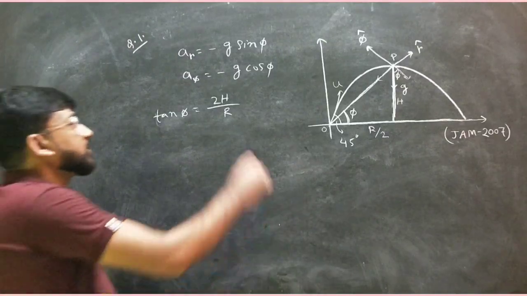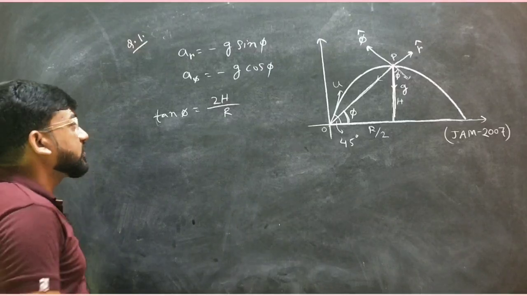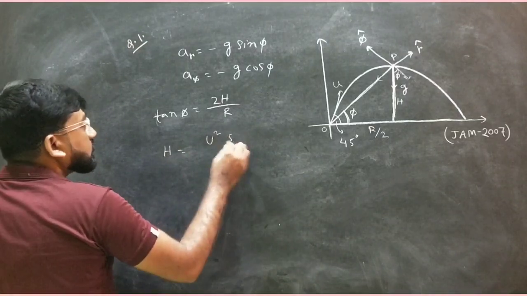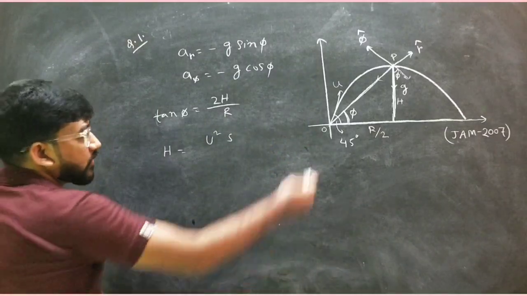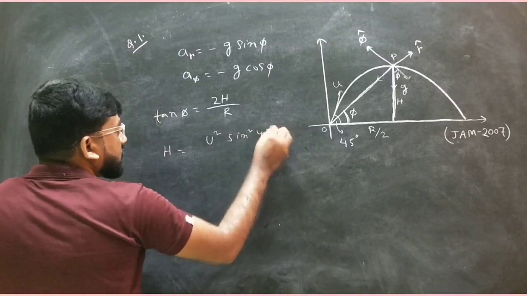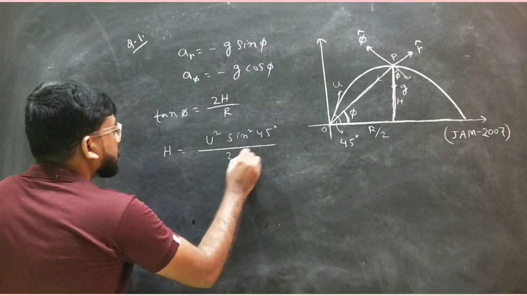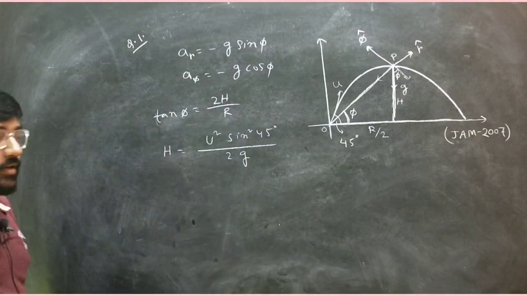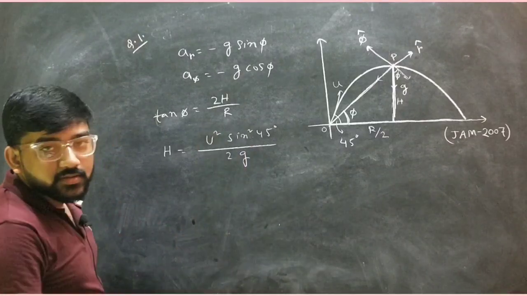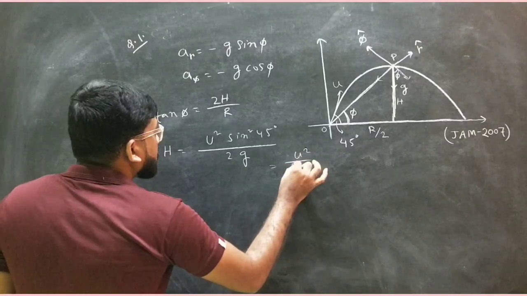Now what is the expression of h and what is the expression of R? You know from your basic concept of projectile motion that if the velocity of projection is u, then h is u square sine square alpha, here 45 degree is the angle of projection, divided by 2g. This is your maximum height h, and you know sine square 45 is 1 by 2, so it will be just u square by 4g.